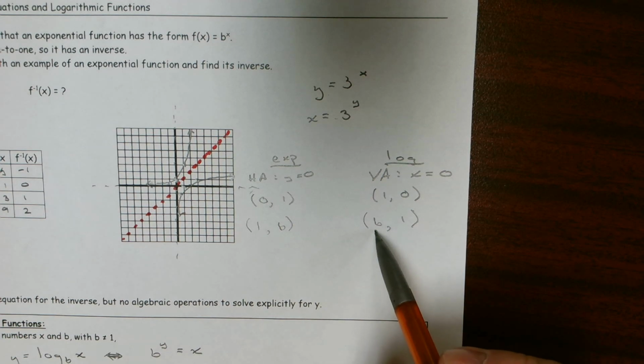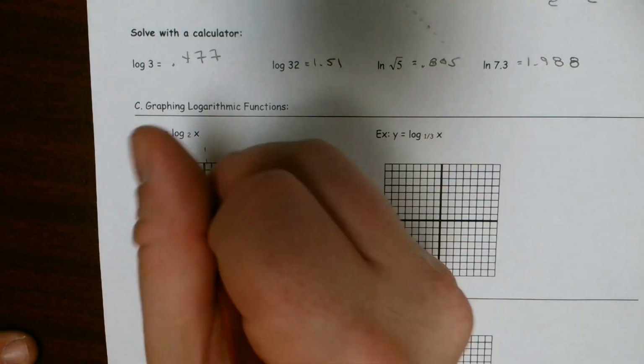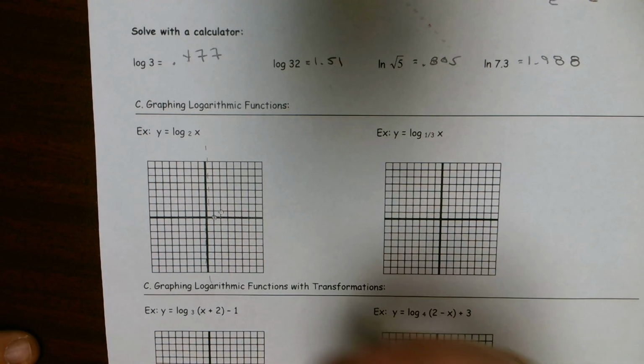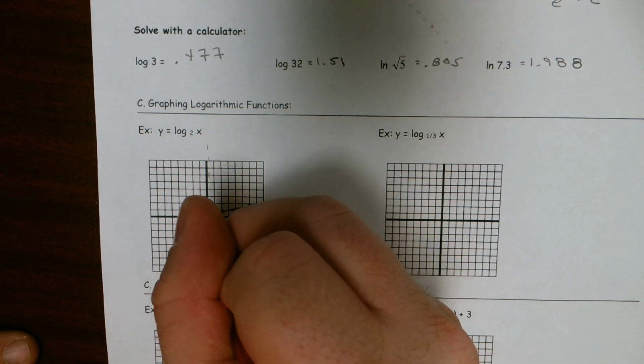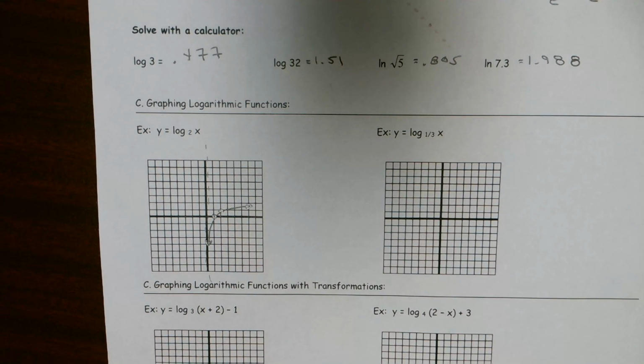And whenever I plug in the base, I'm going to get out 1. So whenever I plug in 2, I get out 1. And there's the shape of my log.